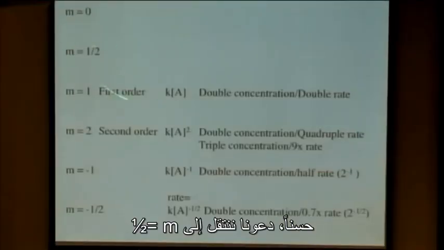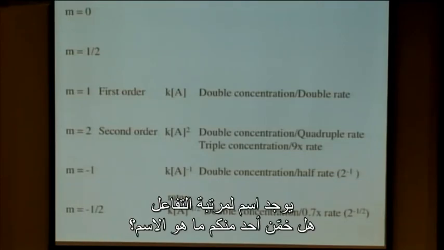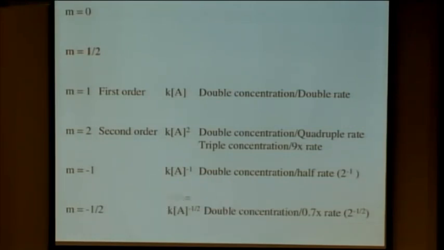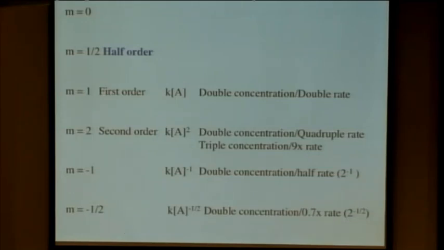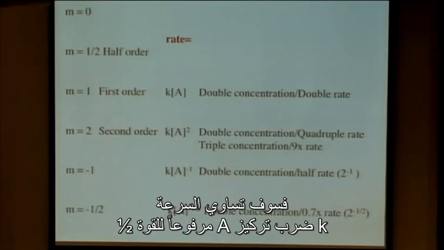All right, so let's go up to m equals a half here. And this one sometimes does have a name. Anyone want to guess what that one might be called? Half order. Very good. So half order. And so here our rate is going to be equal to k times A to the half.